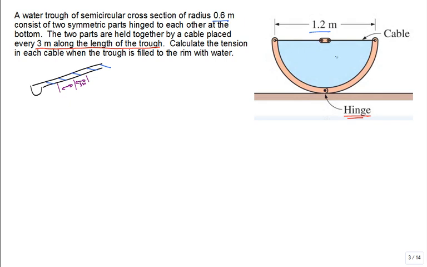So the trough is filled to the rim with water. Because it's symmetrical, we'll cut it in half right through here and draw a free body diagram. You can draw a free body diagram of the water only, or you could draw one of the water plus the trough itself.